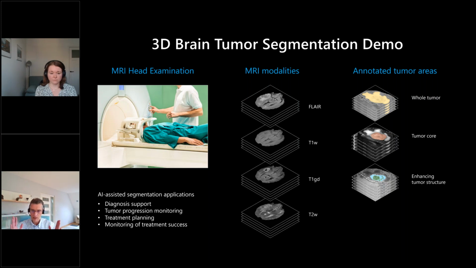It's the complete mass, including surrounding edema, so swelling, for example. Then we have the central part of the tumor, the solid part, which has the bulk of cancerous cells. That's called the tumor core. And then we have a peripheral structure around the core, which is called enhancing tumor structure, which is typically the part of the most aggressive tumor growth.